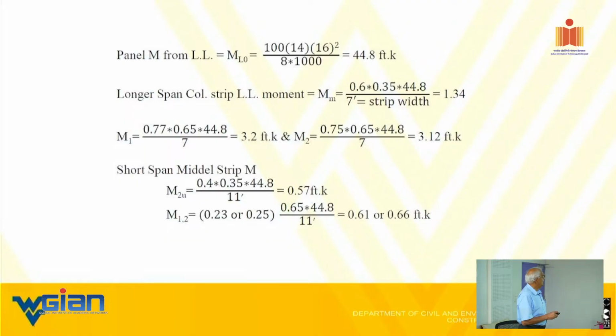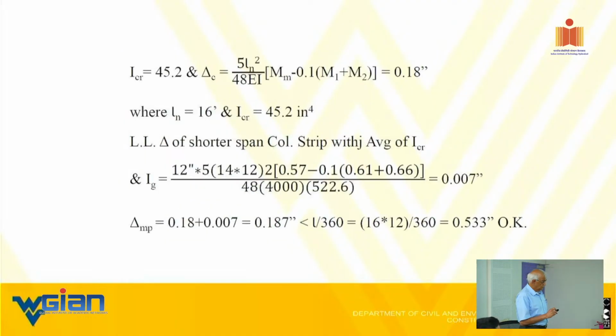So anyway, this is how you find your M1 and M2 and Mm, and you substitute it in there. Those are the moments you substituted there to get your deflection values. This is for the I cracking, and that is dependent upon these moments that I just described.